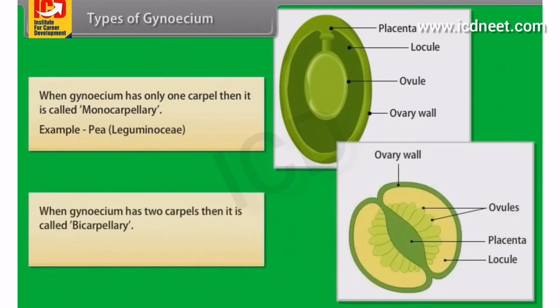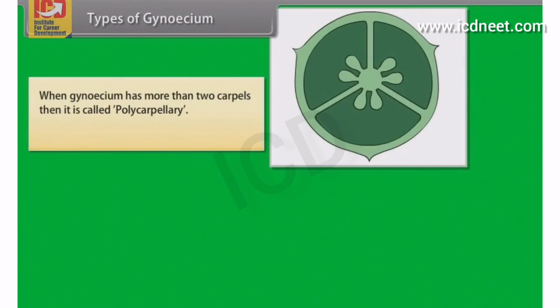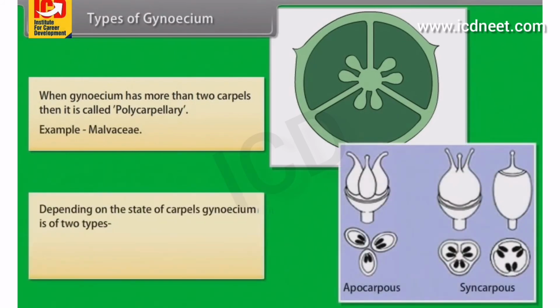When Gynoecium has 2 carpels, it is called bicarpellary. Example: Solanaceae, Cruciferae. When Gynoecium has more than 2 carpels, it is called polycarpellary. Example: Malvaceae.